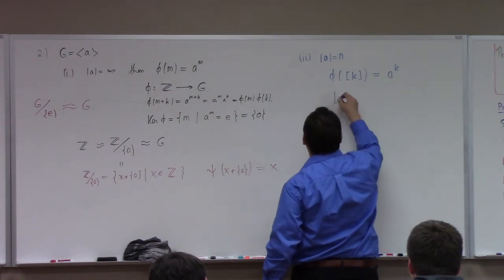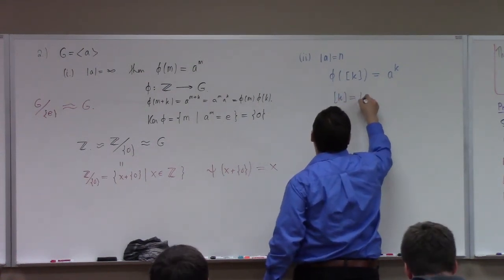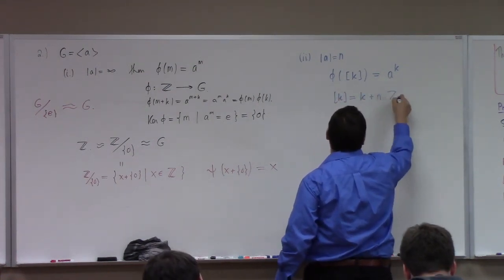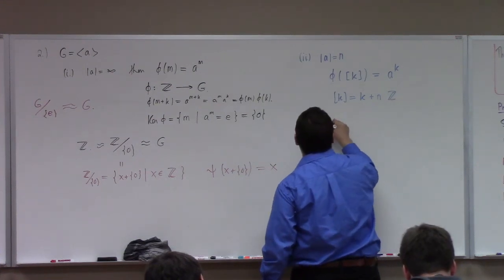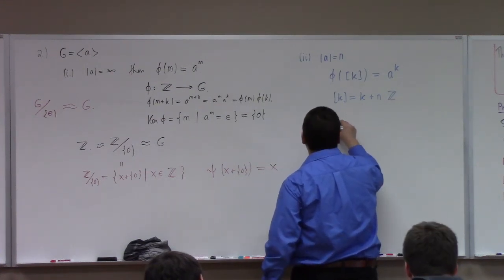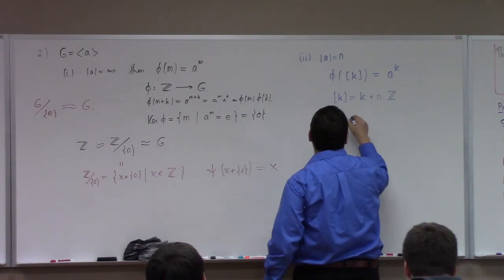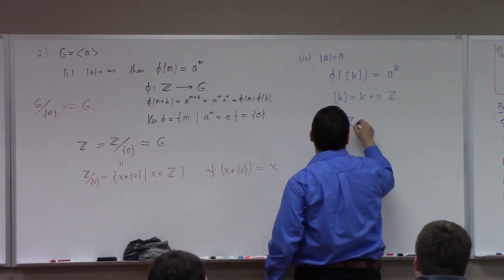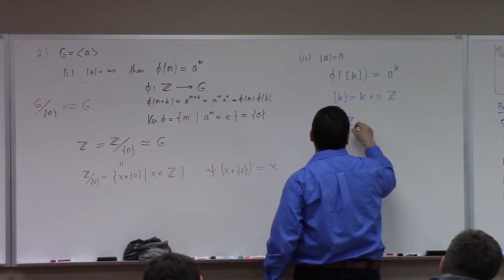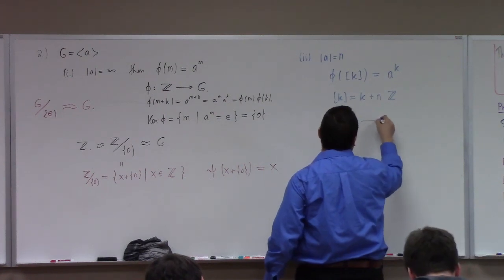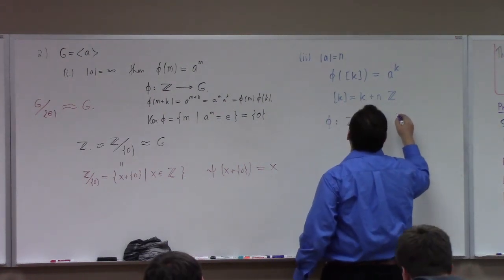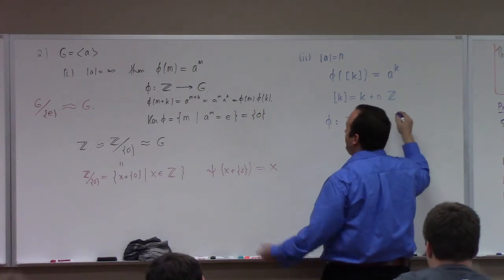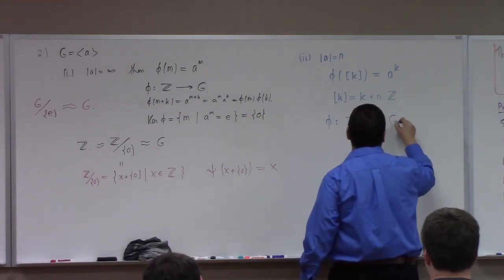And here, this is my notation for k plus nZ. So in so doing, I've defined a mapping phi from Z mod n to G, I suppose.